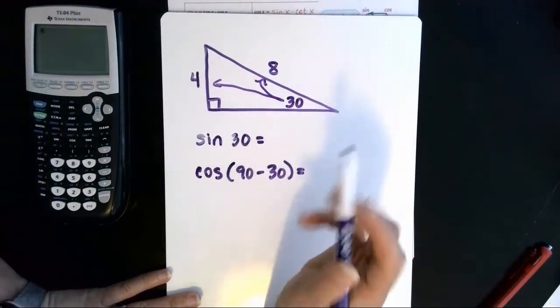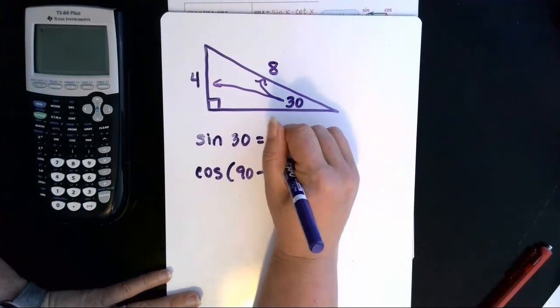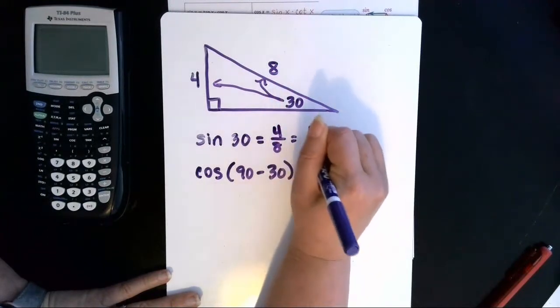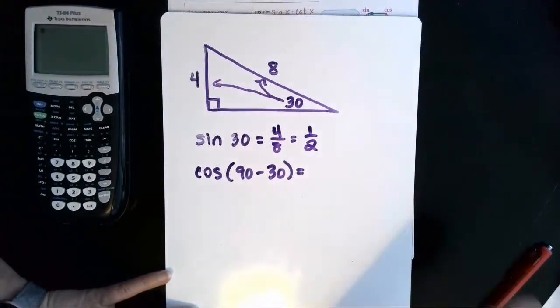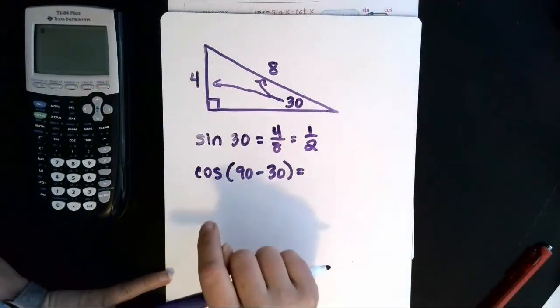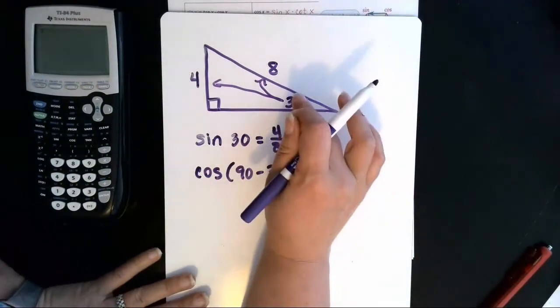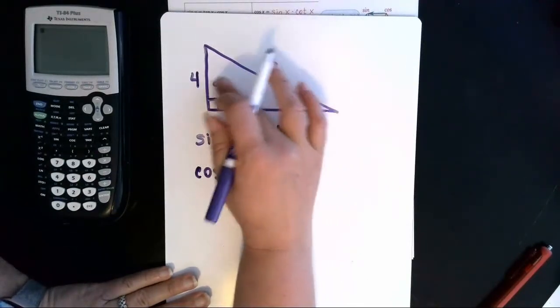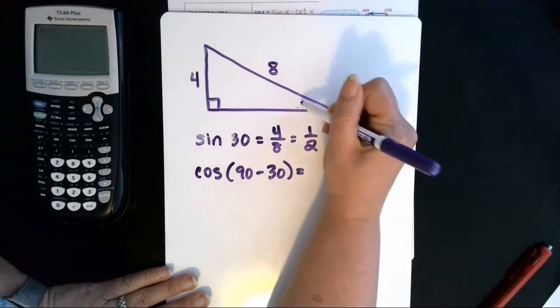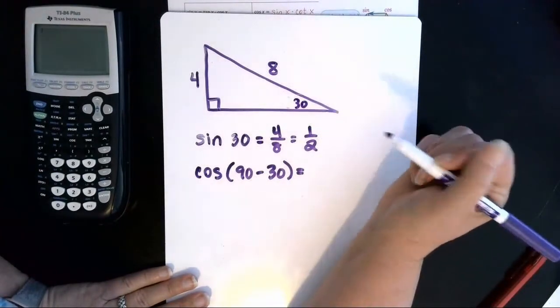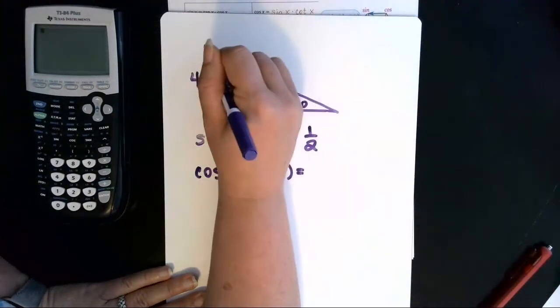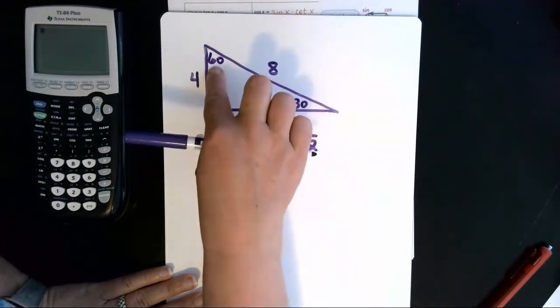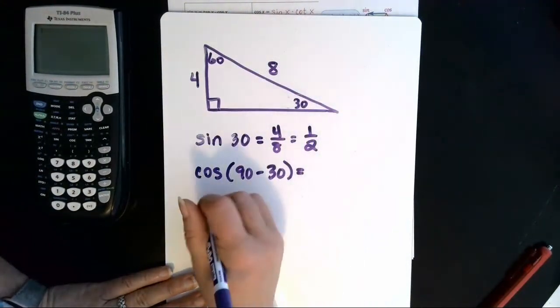So the sine of 30 degrees would be 4 over 8, which is 1/2. The cosine of its complement, remember, the complement is 90 degrees minus the angle that you're starting with. So the complement of 30 would be 90 minus 30, which is 60. So this is the complement up here, 60 degrees.